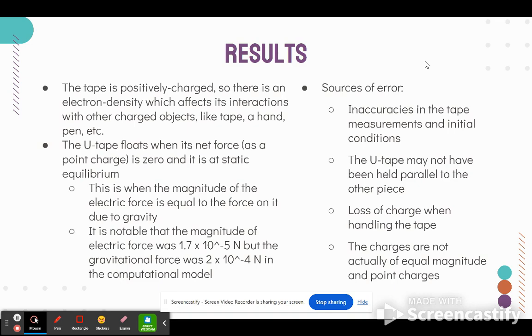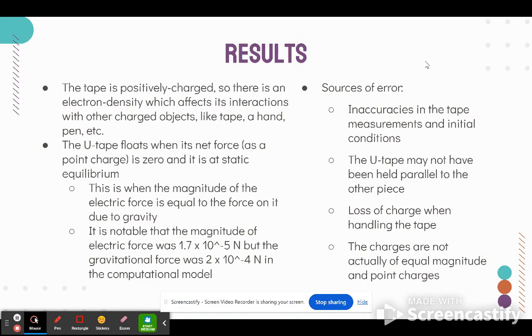It's notable also that the magnitude of electric force was 1.7 times 10 to the negative 5, but the gravitational force calculated was 2 times 10 to the power of negative 4 in the computational model, and this discrepancy could be accounted for by inaccuracies in the tape measurement and initial conditions which would have affected the following calculations.